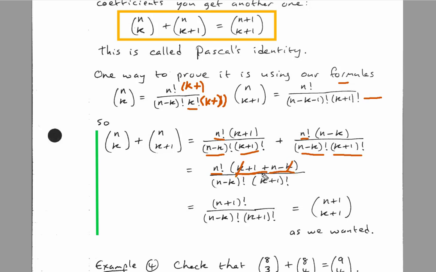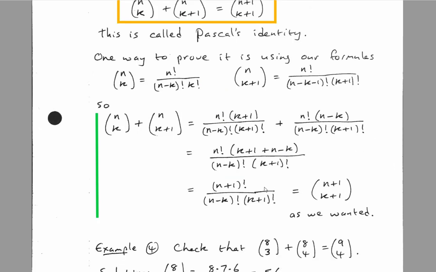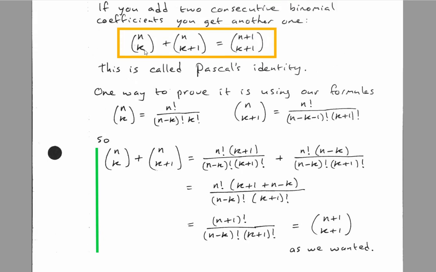Those two k's cancel. And so it's just n factorial times n plus 1, and that's n plus 1 factorial. So now we can recognize this is n plus 1 choose k plus 1. So that's the proof, just using formulas for Pascal's identity.